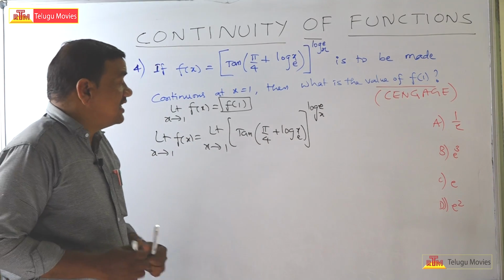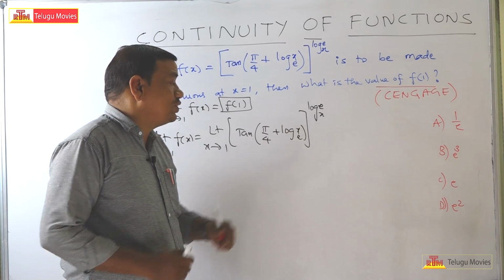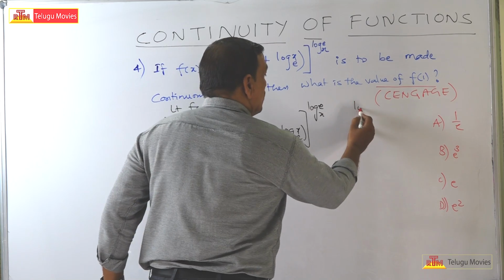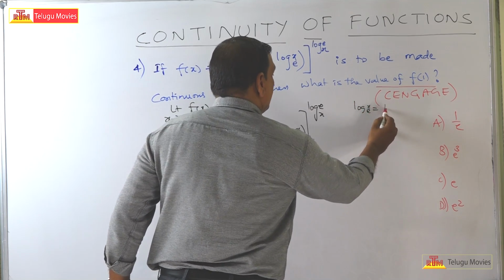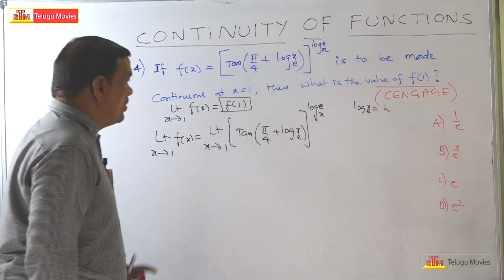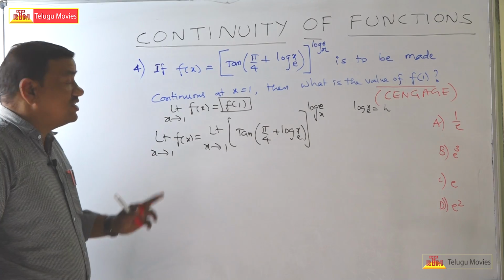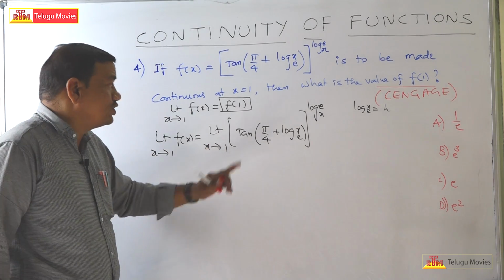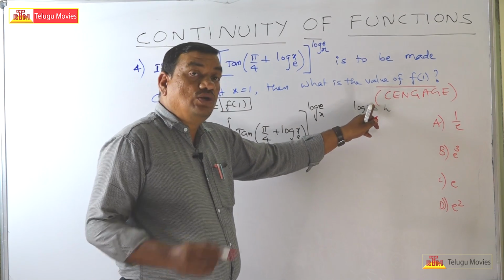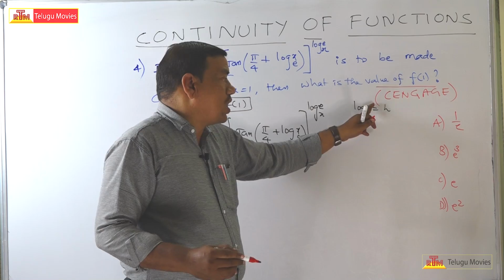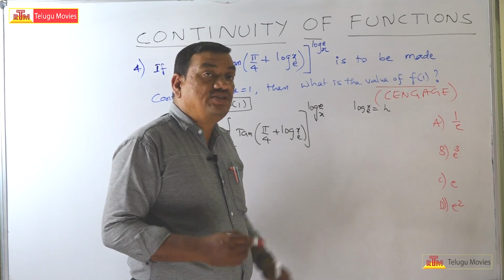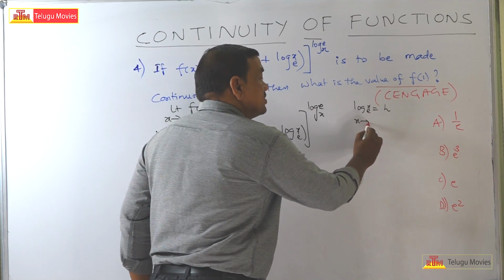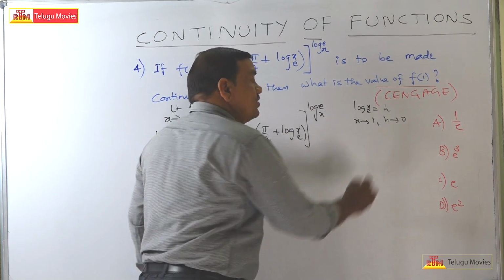So wherever log x to the base e is there, substitute h. Now, coming to the limits, you have to change them also. As x tends to 1, log 1 to the base e, the h value tends to 0.